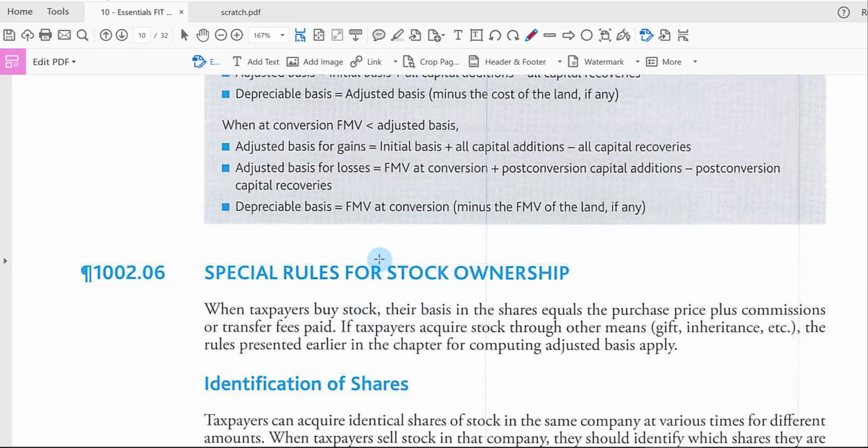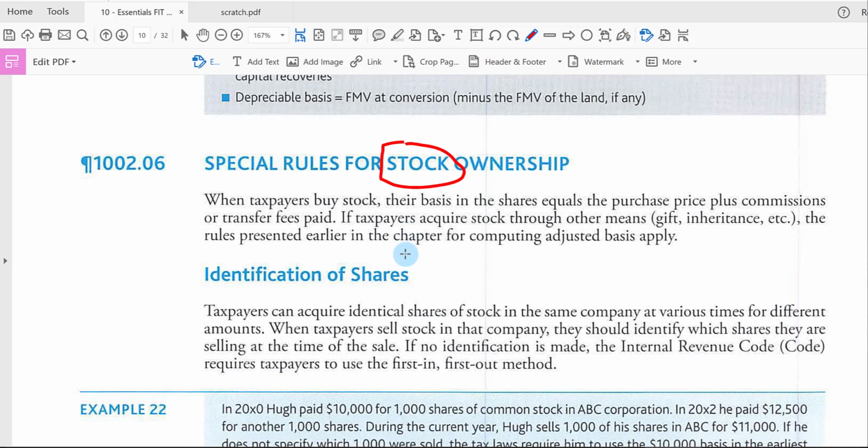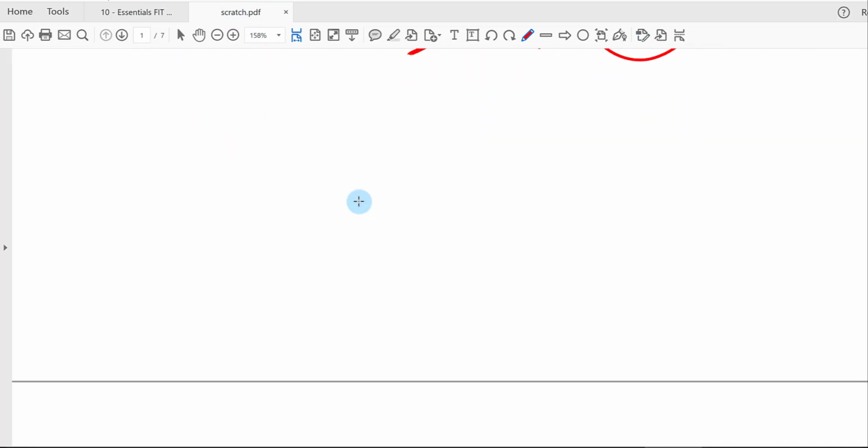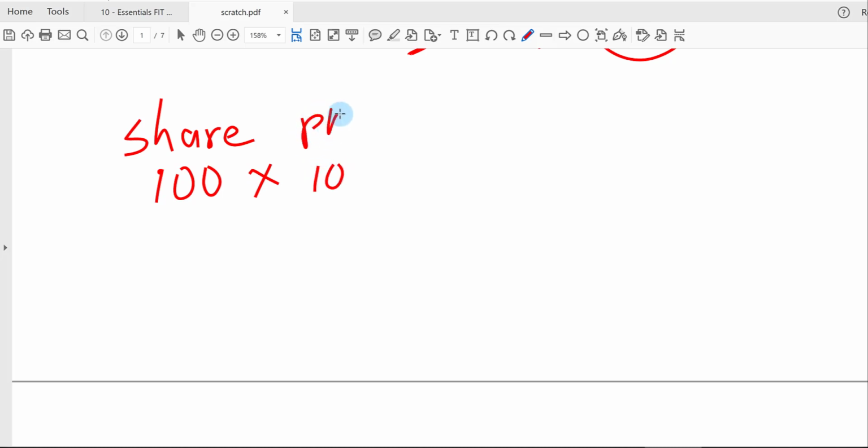Which is talking about owning shares of stock in a corporation, and we have to identify which shares we're going to sell that may have different costs. Again, let's look at a scratch paper here. Let's say that we have 100 shares we bought, and each share we had paid a price of $10.